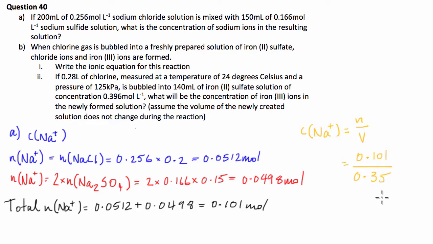Once we do that division, we get a final answer of 0.289 moles per litre of sodium ions.